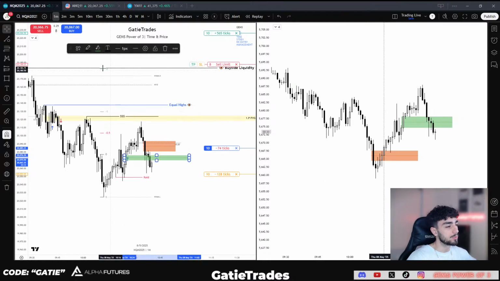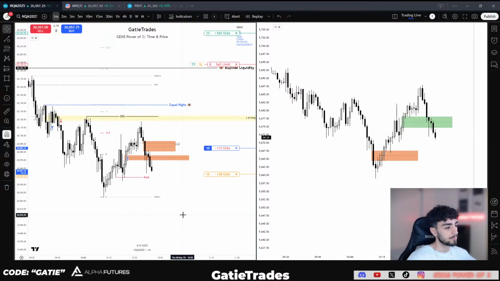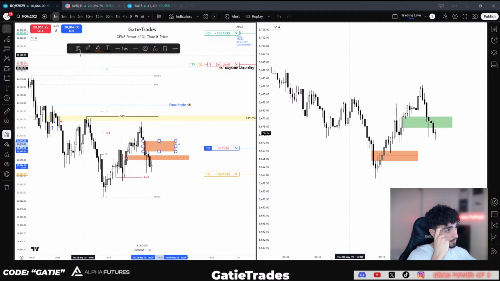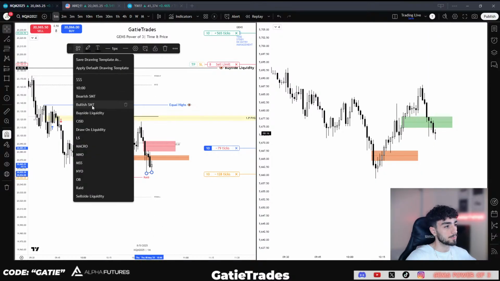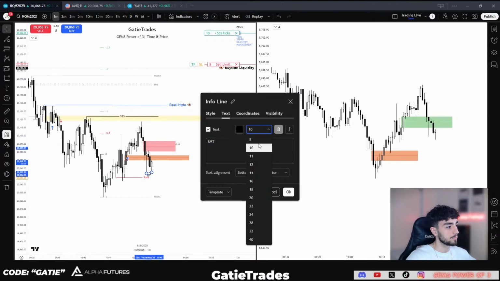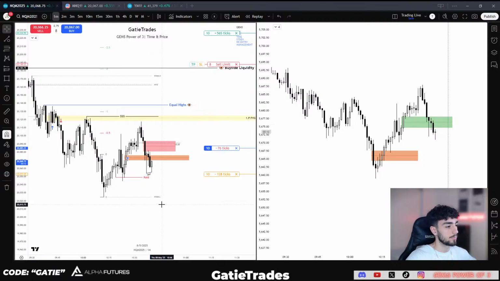Inversing that fair value gap. We do have an S&T here. Last line of hope, I guess. Last line of defense. I mean, the swing low wasn't taken.